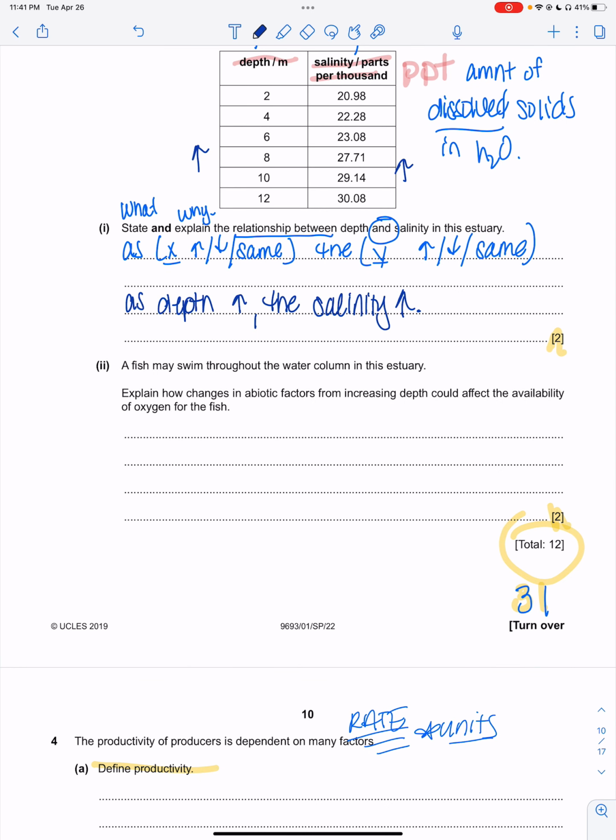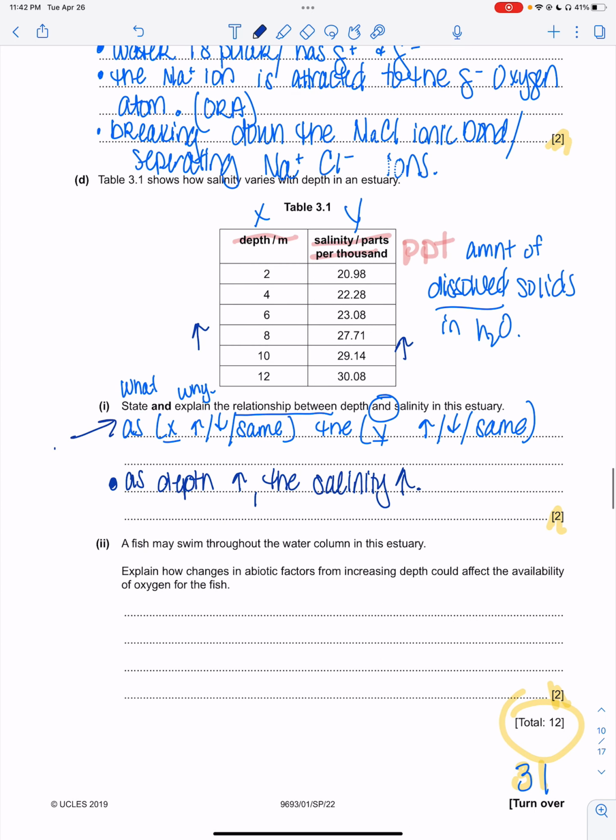We need to say why. This is just like your sentence skeleton. This first mark, it's not even a mark. It's just a way for you to write that anytime you see suggest or state the relationship. Okay, well, salt has mass, has density, it's going to sink.